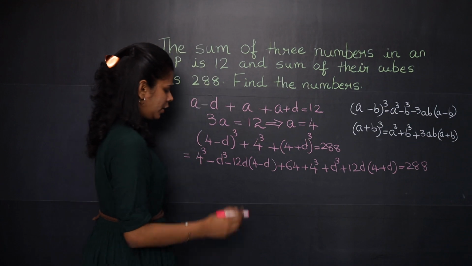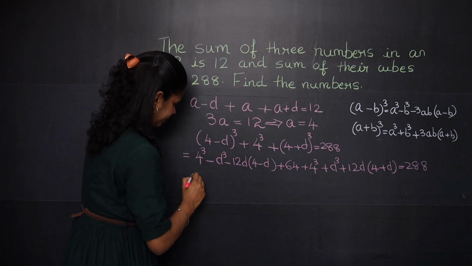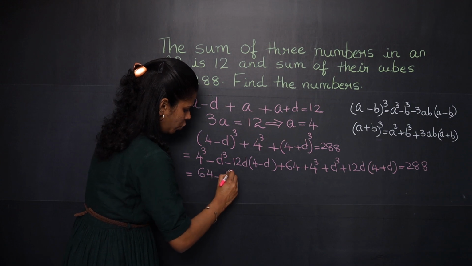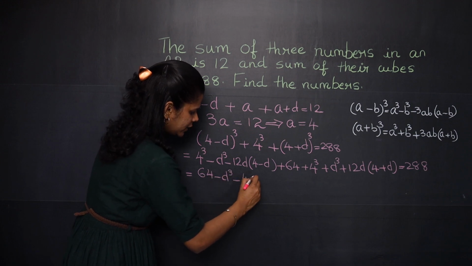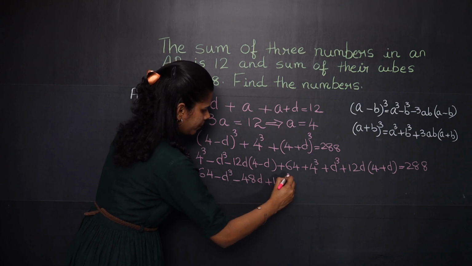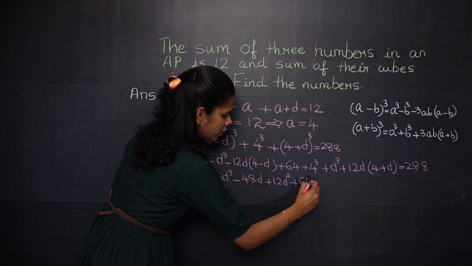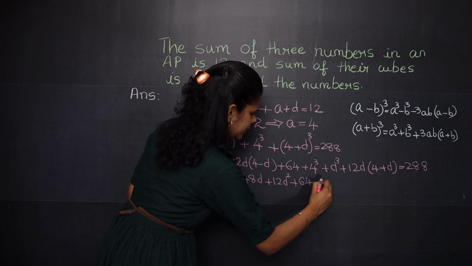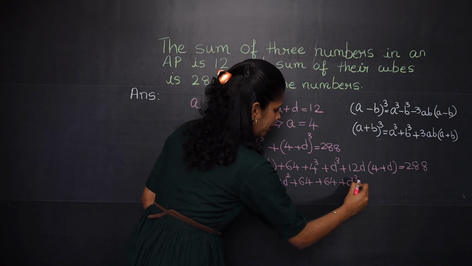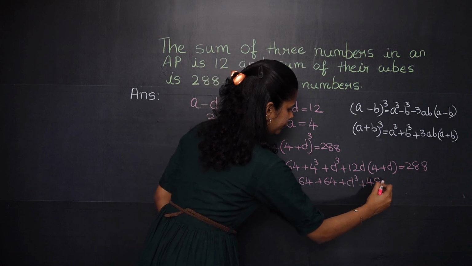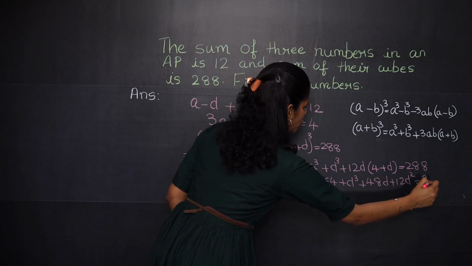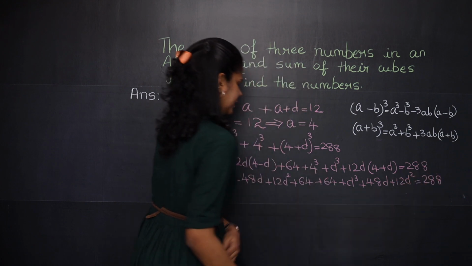288. Now we are going to open the bracket. Here 4 cube is 64 minus d cube minus 48d plus 12d square, plus 64, plus again 64 plus d cube plus 48d plus 12d square is equal to 288.